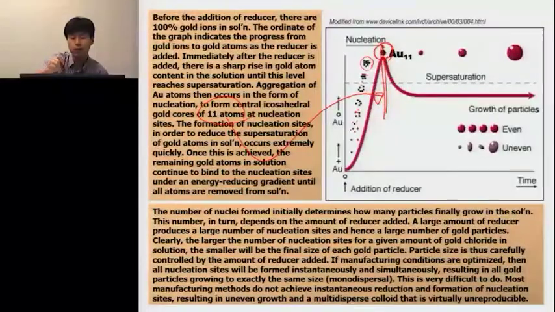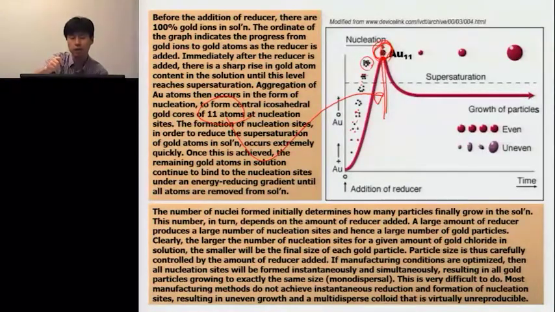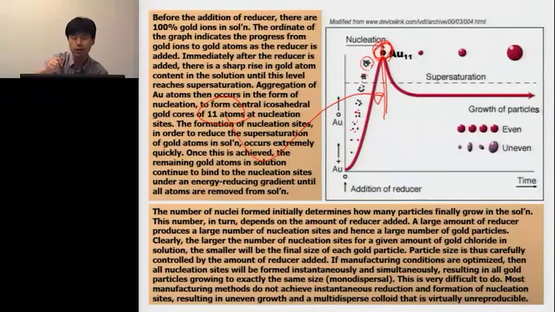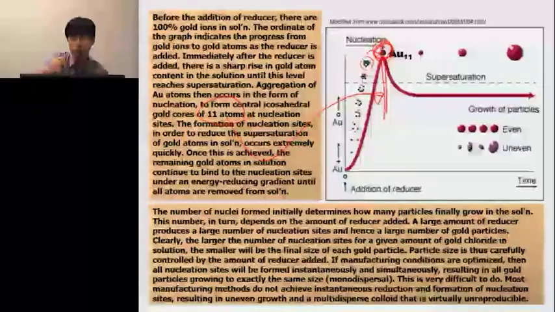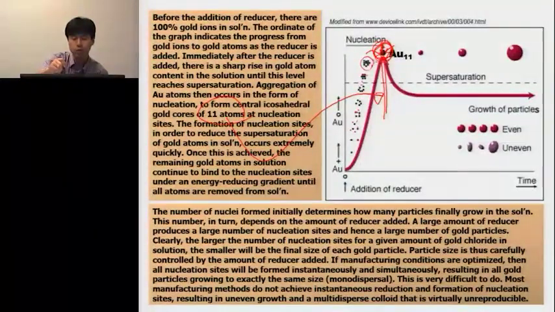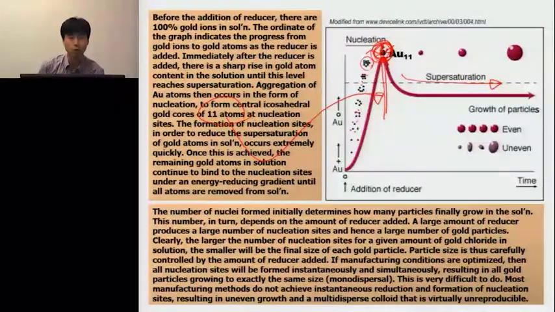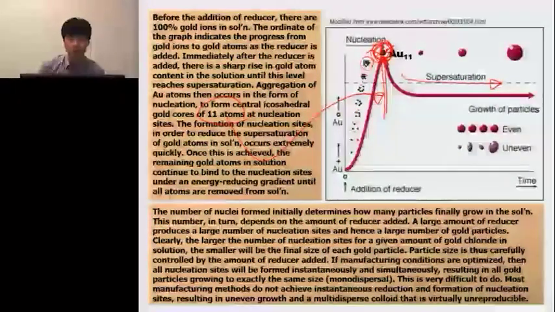At this point we call it the embryo stage. From this point, if we just leave these nanoparticles and wait, gold keeps being added on the surface of these small particles, and the size gets bigger and bigger. So that's one of the ways we can synthesize gold nanoparticles, a gold colloid, using a chemical reaction.